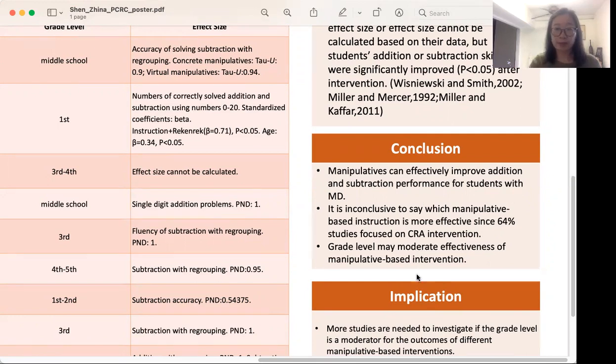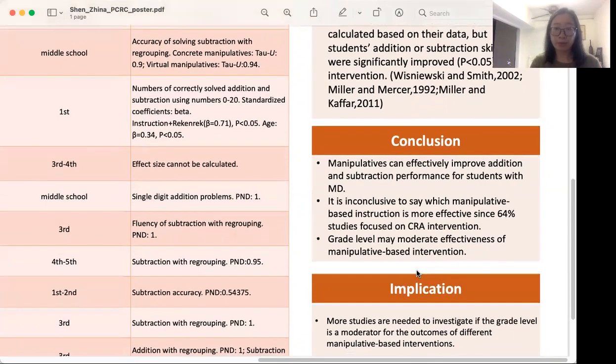The third conclusion is that grade level may moderate the effectiveness of manipulative-based intervention, but since 9 out of 11 studies focused on elementary grade level, we need more studies on the secondary grade level to reach this conclusion.